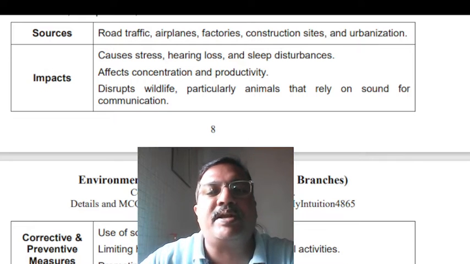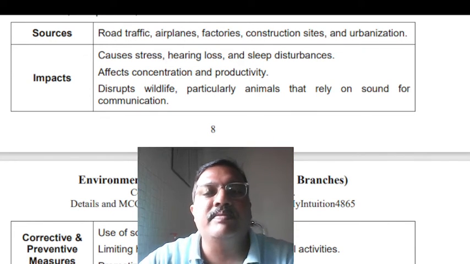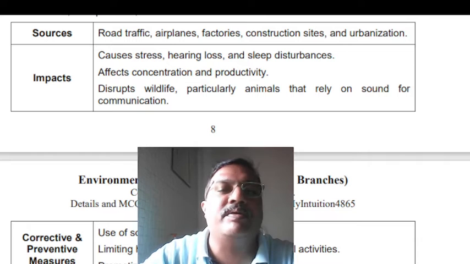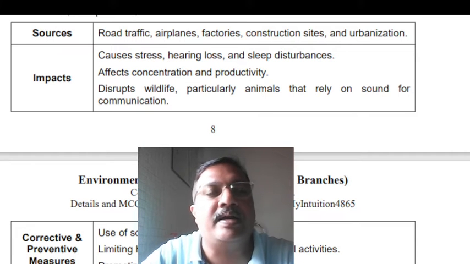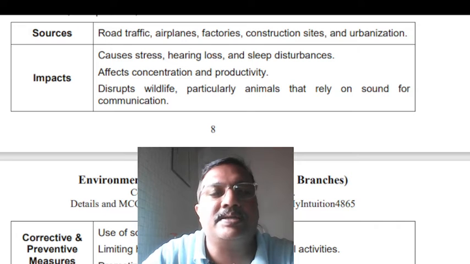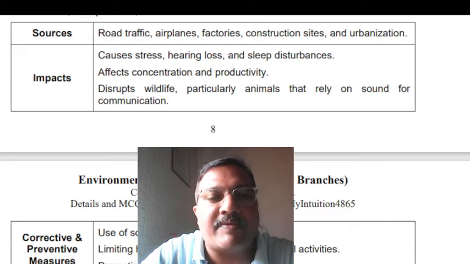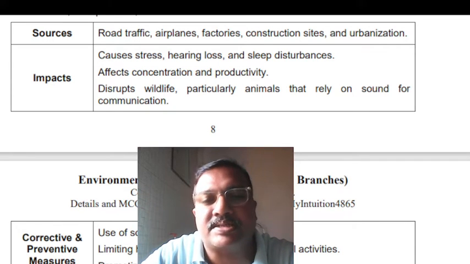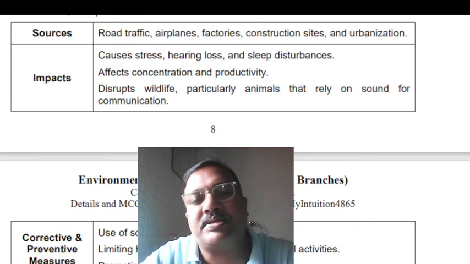Then aeroplanes: airports and the flight path make a very loud noise during takeoff and landing. So that is another type of noise pollution. The factories, machines, and equipment used in industries generate high noise levels.